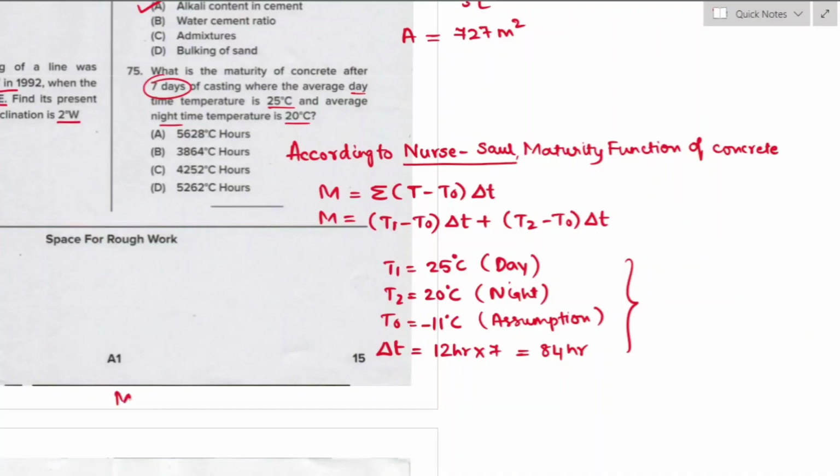Substituting these values, the maturity index of the concrete will be T1 is 25 degrees Celsius minus T0 which is minus 11, multiplied by delta T, 84 hours, plus T2 is 20 degrees Celsius minus of minus 11 degrees Celsius multiplied by 84. So the maturity index of the concrete will be 5628 degrees Celsius. So the right answer is option A.